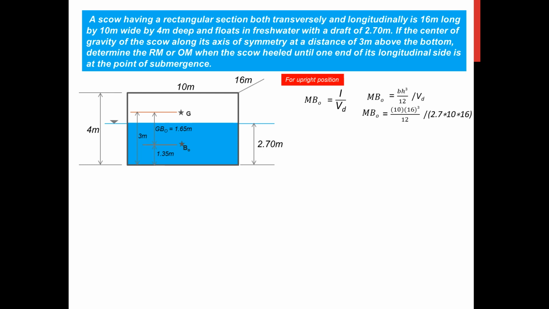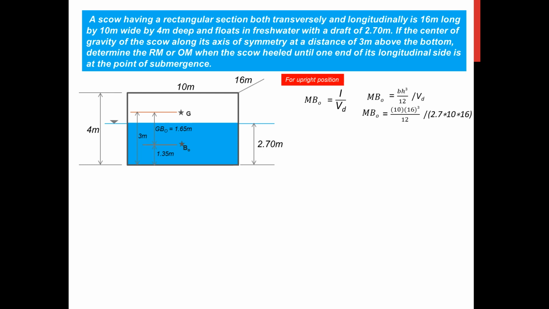Now, you can observe here that the base here is 10 because in calculation of the centroidal moment of inertia, this formula is considering the centroidal moment of inertia of the longitudinal section.